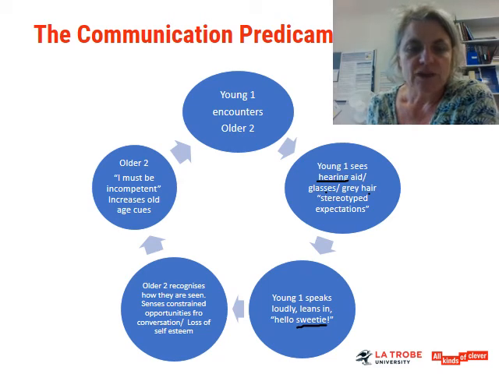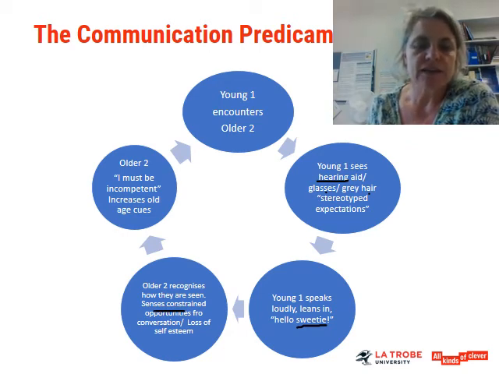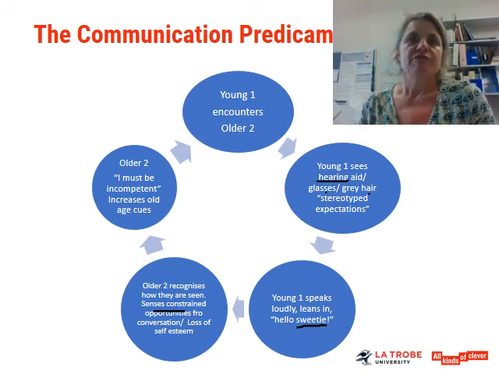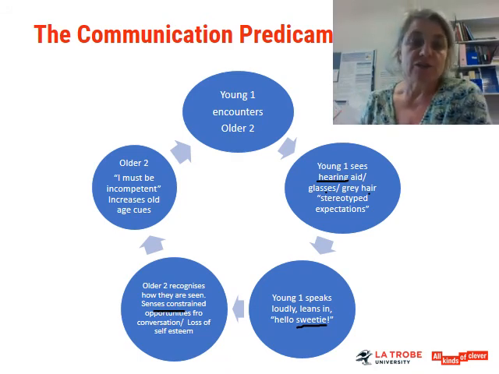It constrains their opportunities for conversation with this person, and it can result in a loss of self-esteem, because the message you're really getting from this other person is that you're old and you're incompetent. So this is the message that people get: I must be incompetent. If you feel like that, you're going to express more old age cues, and this cycle gets worse.